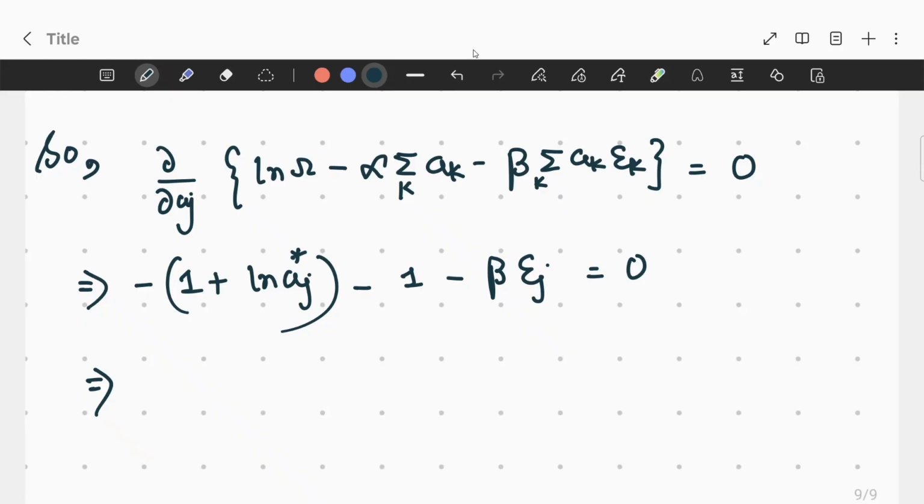Okay, it is not 1, it's alpha, right? Yes, it's alpha. So we can write minus ln a_j star minus 1 equals to alpha plus beta e_j.